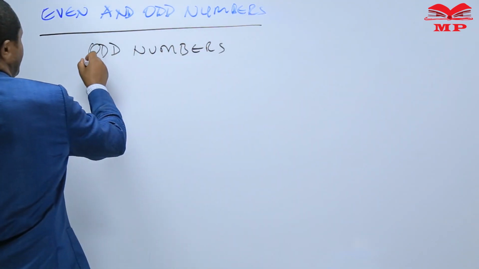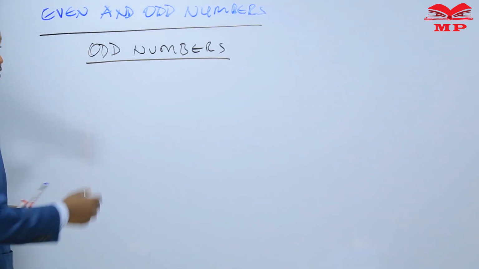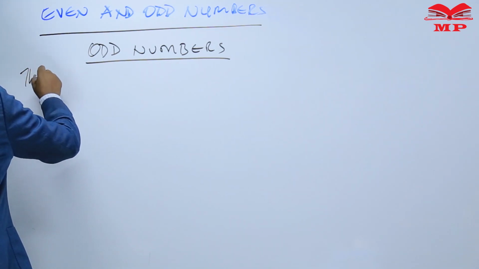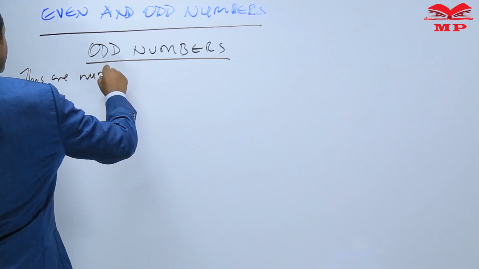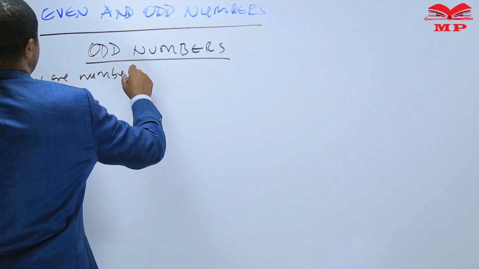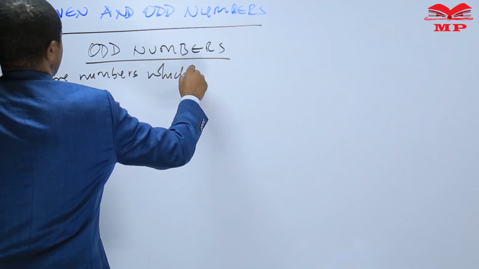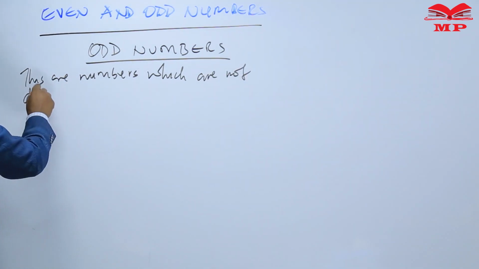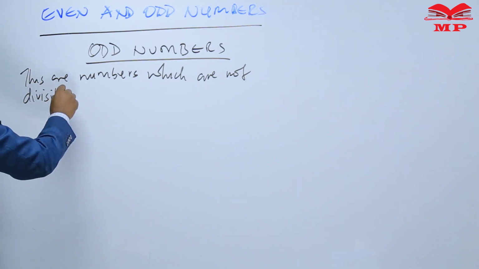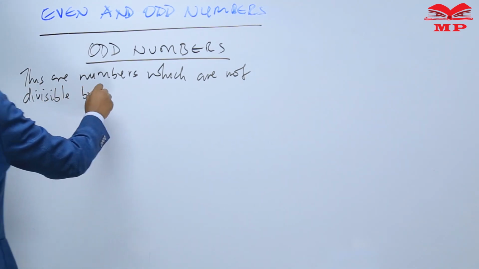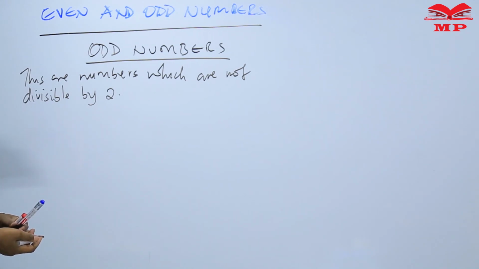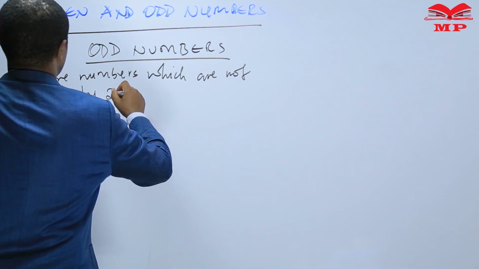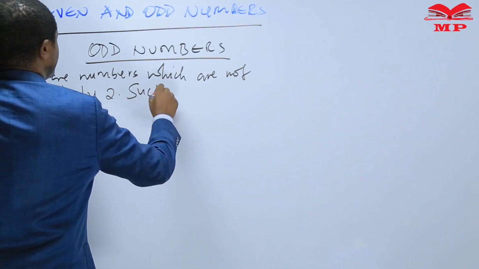These are numbers I want you to write down. Numbers which are not divisible by 2.